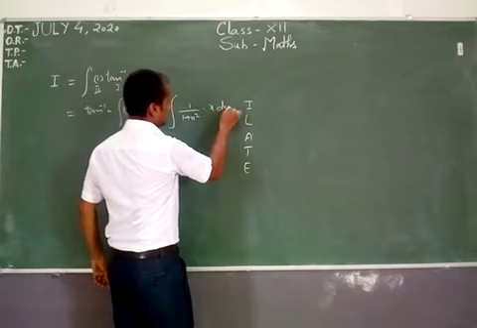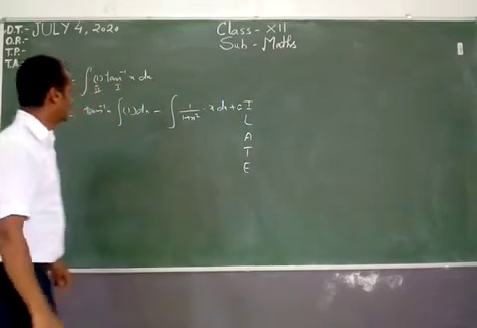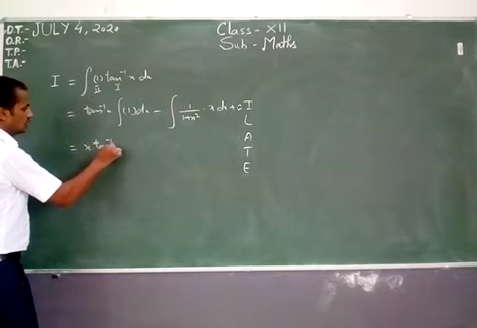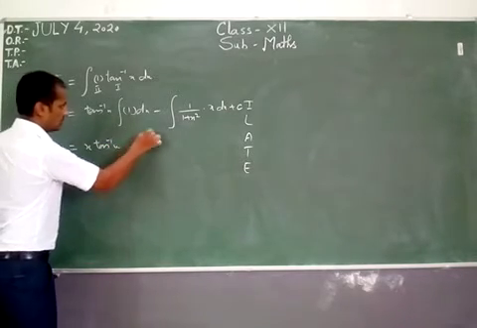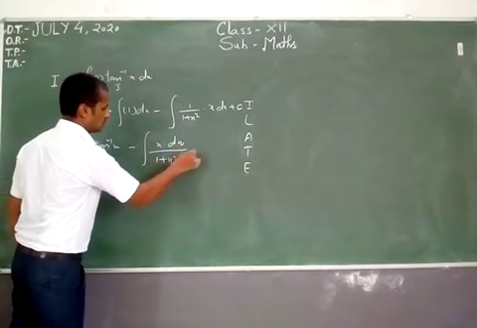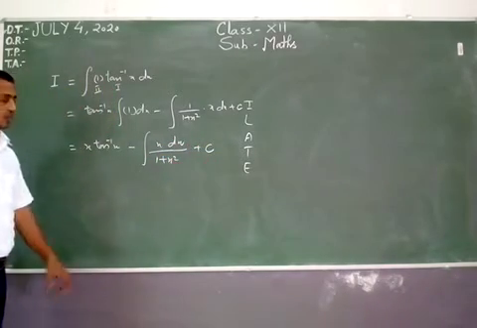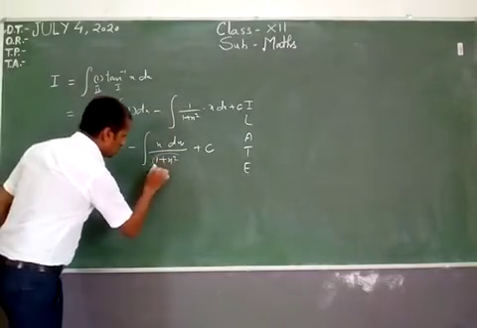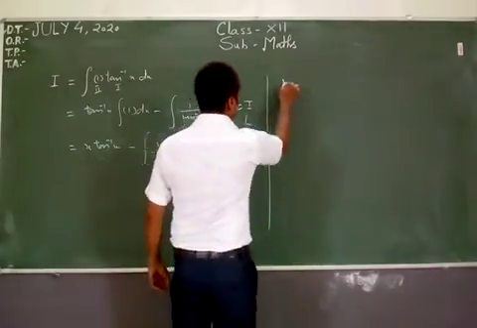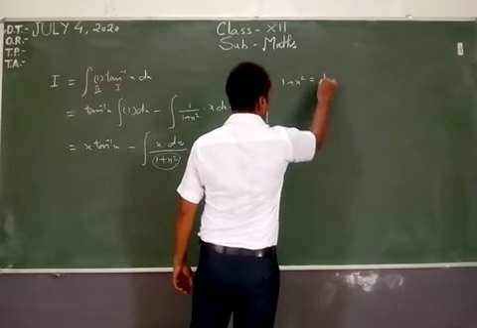We can write here x into tan inverse x minus x dx upon 1 plus x square, plus c. We can substitute here 1 plus x square equal to t.